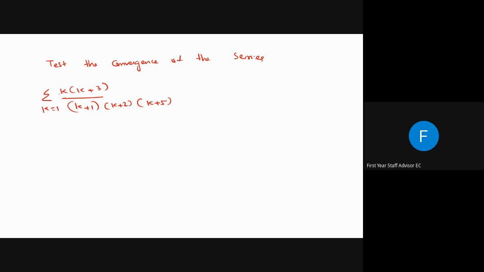Okay, so take the next question. Test the convergence of summation k into k plus 3 divided by k plus 1 into k plus 2 into k plus 5, k equal to 1 to infinity.